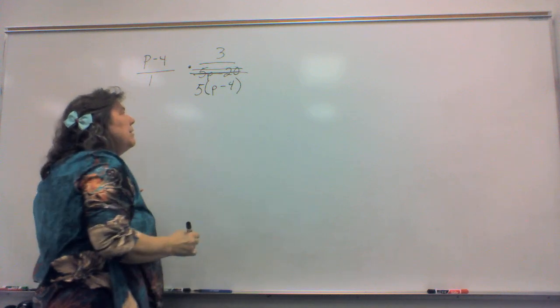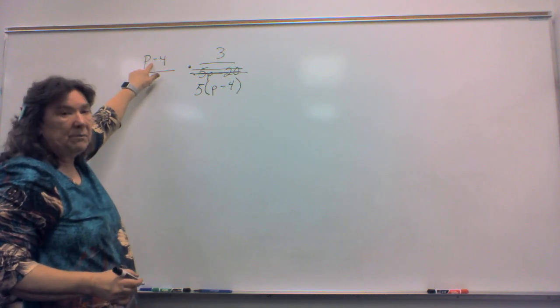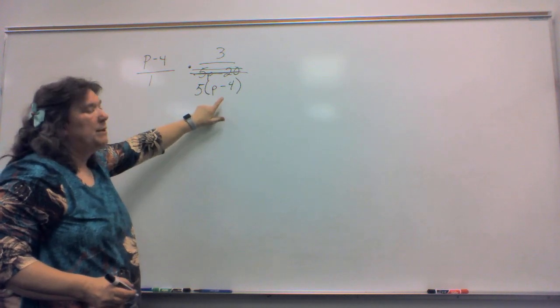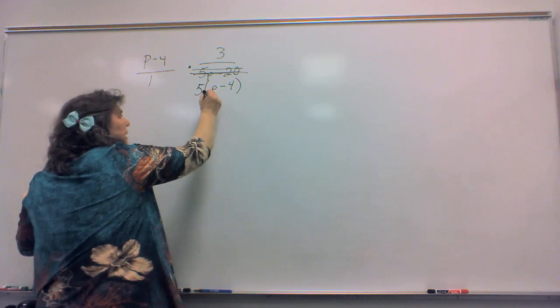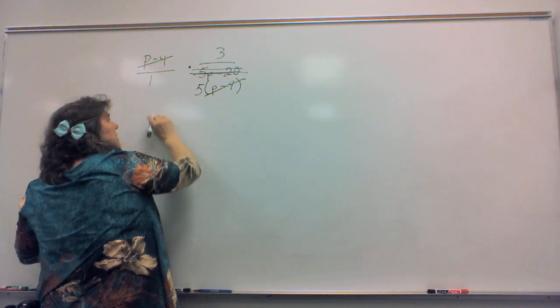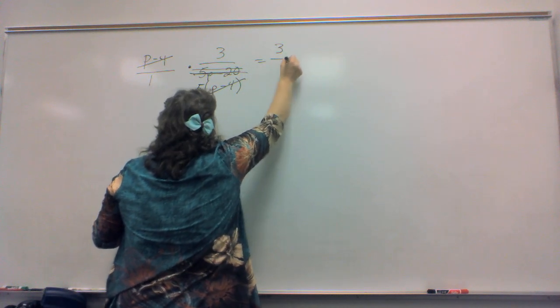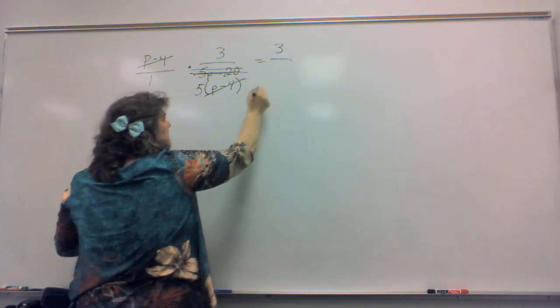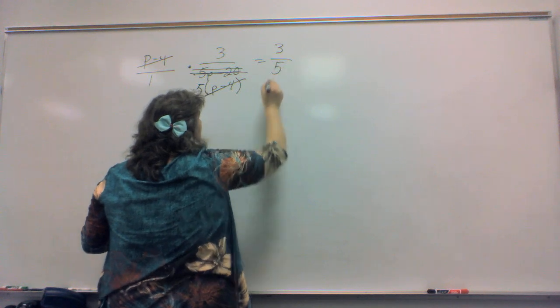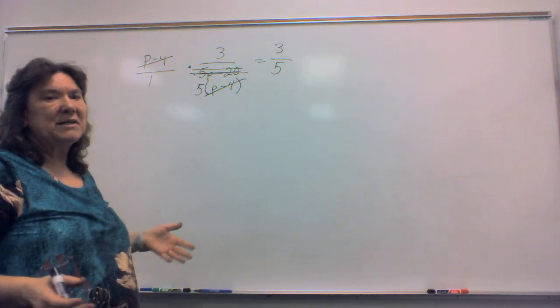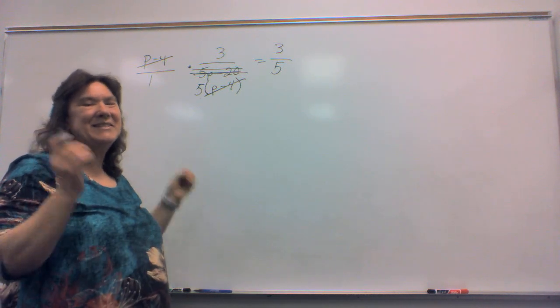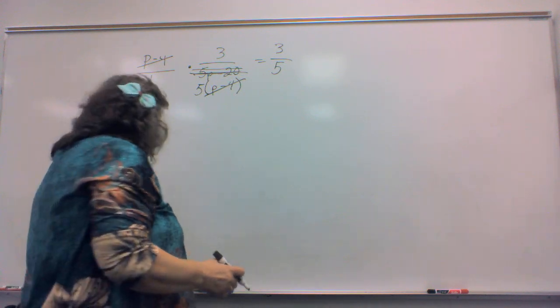Okay? Now notice, I have a p minus 4 in the numerator and a p minus 4 in the denominator. And that's gone. So in the numerator, you're left with 3. In the denominator, you have 1 times 5, which is 5. And this one is nice because it went all the way down to just simple numbers, which is kind of nice.